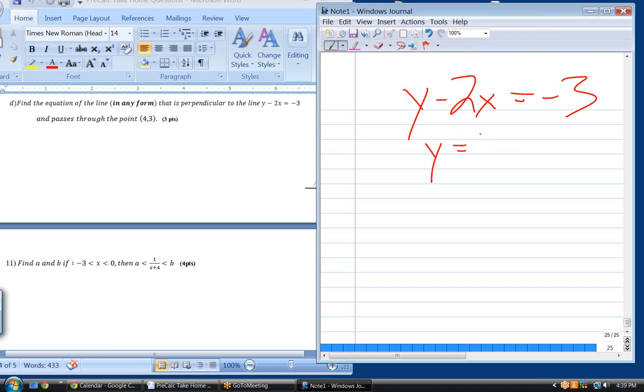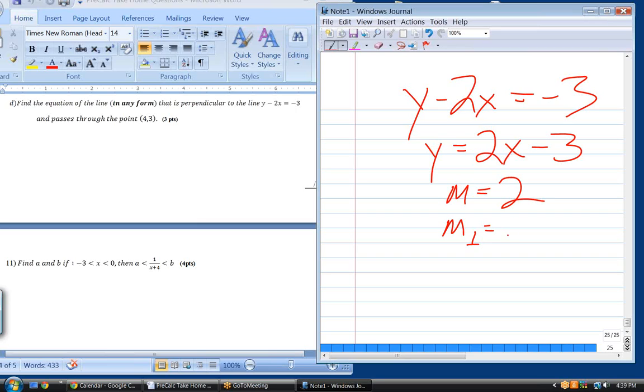So y equals 2x minus 3. Same equation. Those are both the same thing. But now we know what the slope of this line is. What's the slope of this line? It's 2. What's the slope of the perpendicular line?